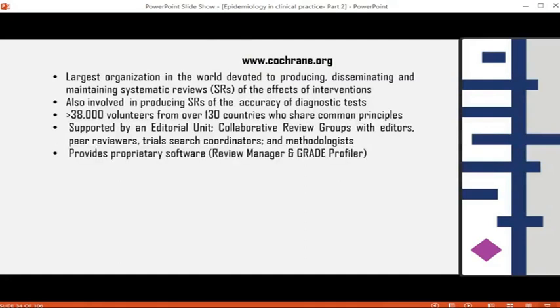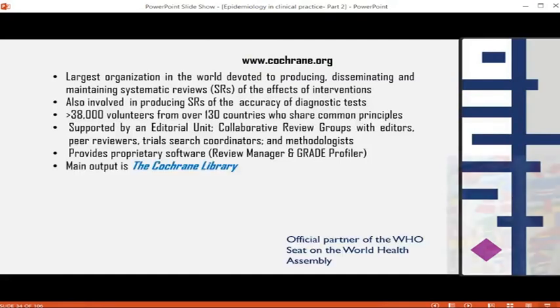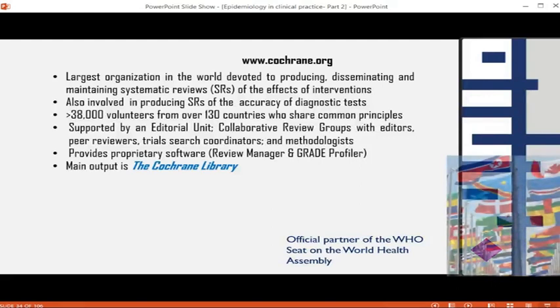And they have made available freely for anyone to use proprietary software to do the reviews called Review Manager, and another software which utilizes the results from the review to prepare a summary of findings which can be used by policymakers. The main output of the Cochrane Collaboration is in the Cochrane Library.